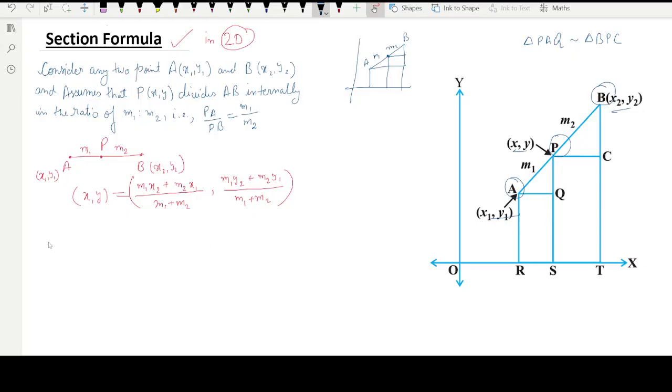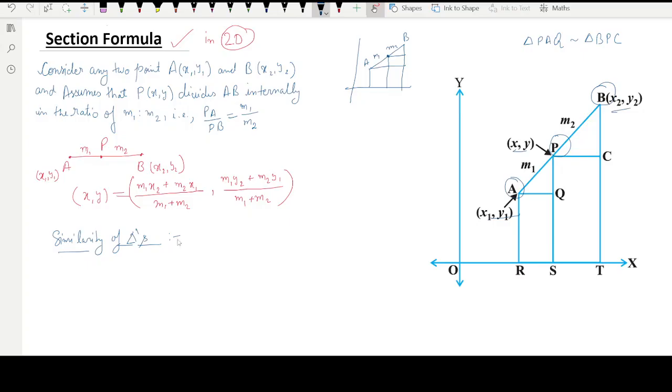What is the logic behind it? It is the similarity of triangles. When two triangles are similar, the ratios of their corresponding sides are equal.